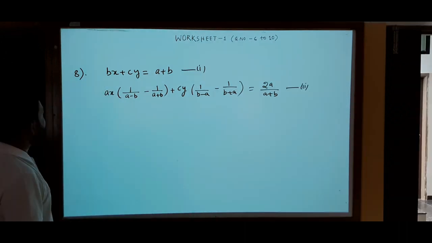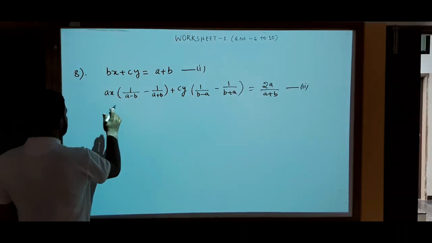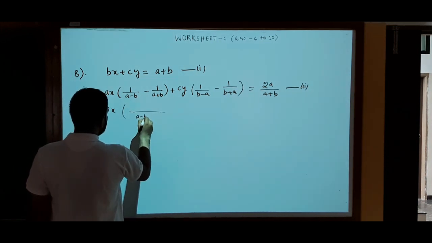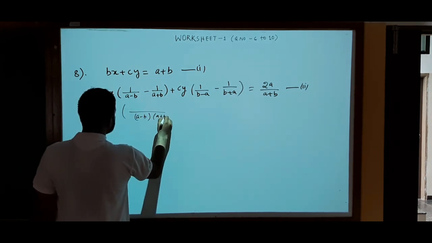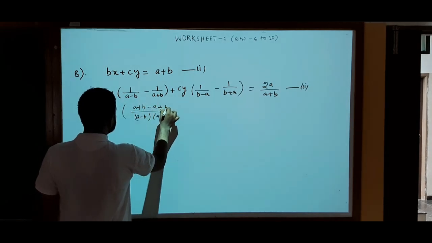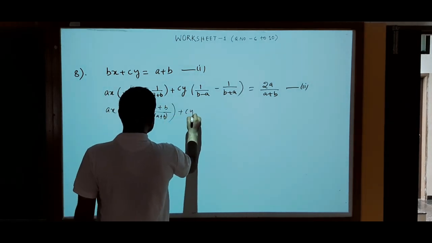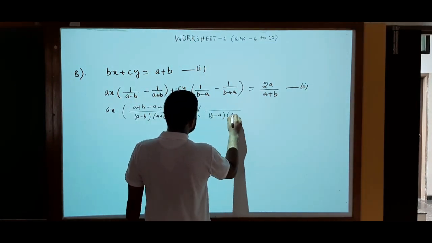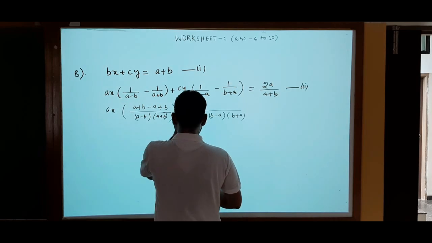Now, this is given in standard form. We have to simplify this. First, to simplify this. So, a minus b into a plus b. So, a plus b minus a plus b, right? b minus a into b plus a.